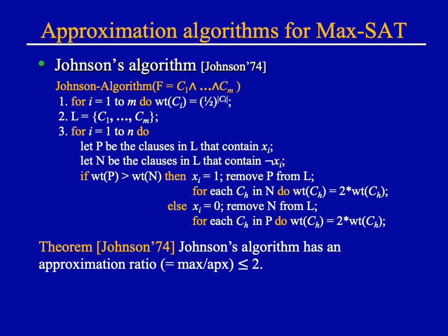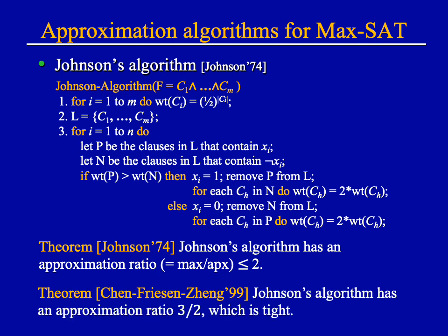When you look at the approximation ratio, closer to 1 means better. Of course, it cannot be less than 1. When the approximation ratio equals 1, that means your solution is an optimal solution. Therefore, we're looking for approximation algorithms whose approximation ratio is as close to 1 as possible.